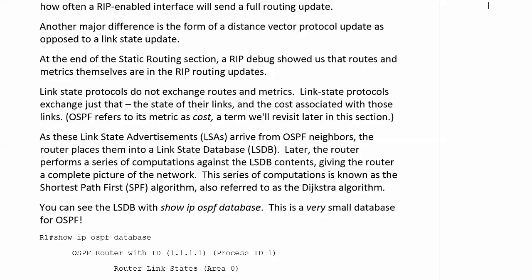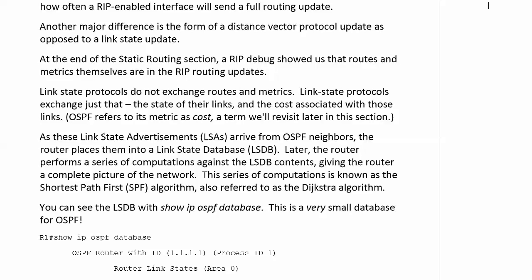Well, link state protocols do not exchange routes and metrics like that. Link state protocols exchange just that, the state of their links. And there's a cost associated with those links. OSPF refers to its metric as cost, and that's a term that we will definitely revisit because on occasion you want to tweak your OSPF costs. But right now it's enough to know that that's how OSPF refers to its metric.